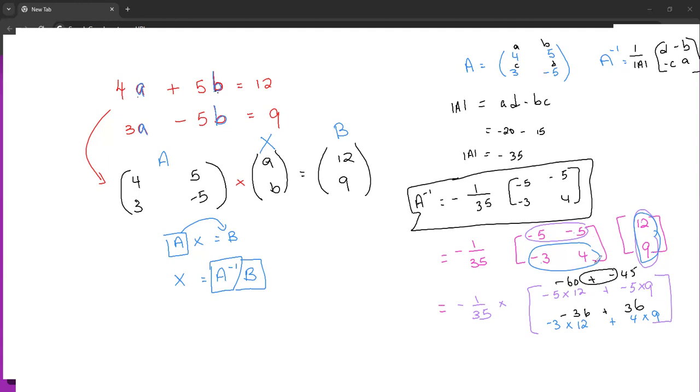So this becomes negative 60 minus 45. Right? So for this one, I'm bringing back down the negative 1 over 35.